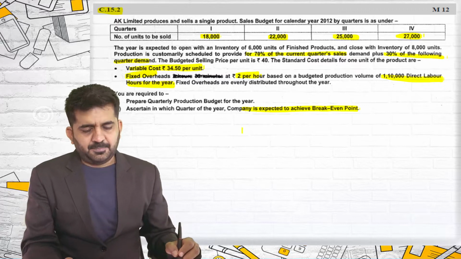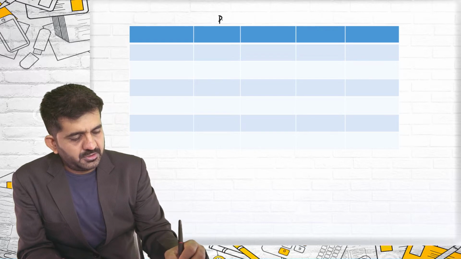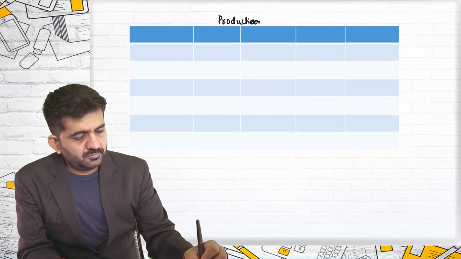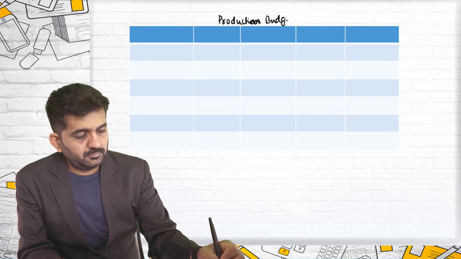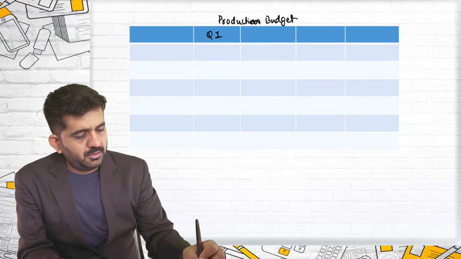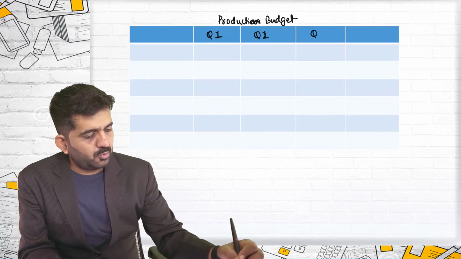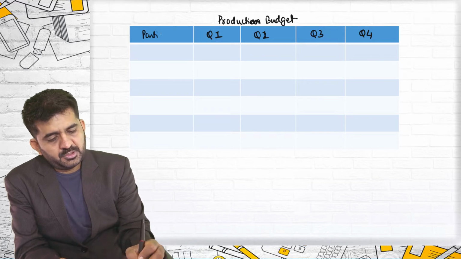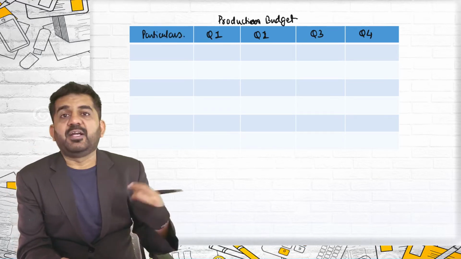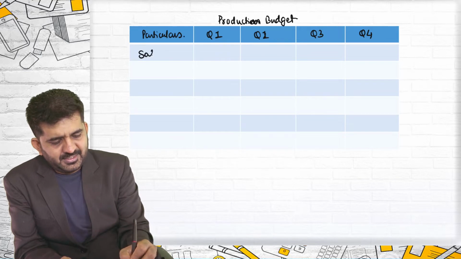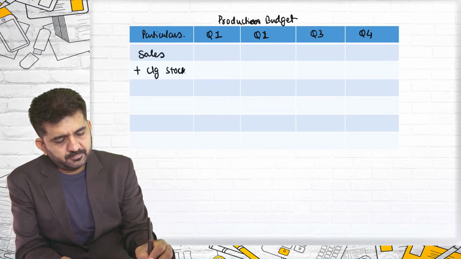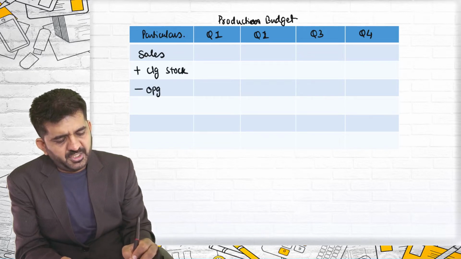Now, let us prepare production budget in units for all 4 quarters. Production budget in quarter 1, quarter 2, quarter 3 and quarter 4. This is particulars. How we find out our production is sales in units plus closing stock minus opening stock.